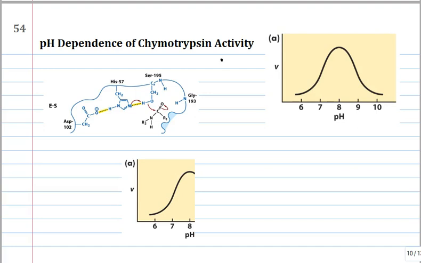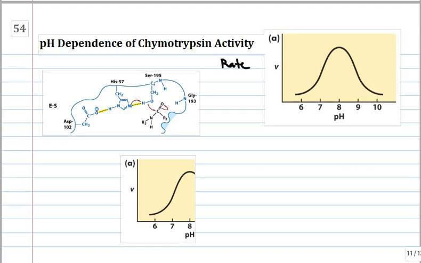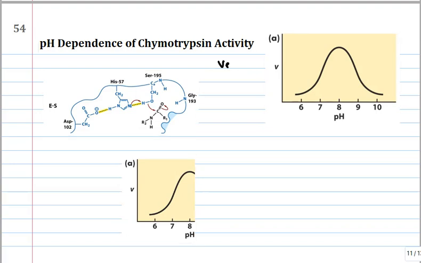And so I need to make sure you know this is rate or velocity. I guess technically V is velocity, but it's just a rate. And it could be, I don't know, micromoles per second is a valid unit, so let's go with it. Of course, pH does not have a unit.